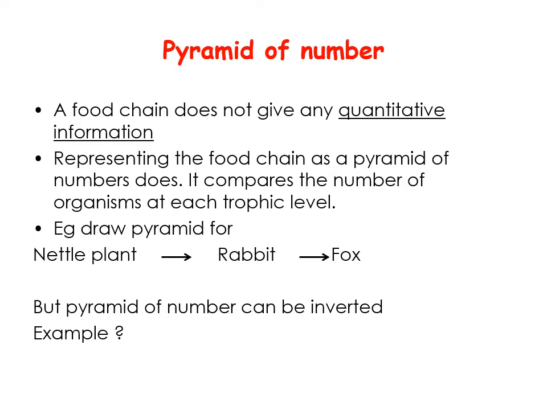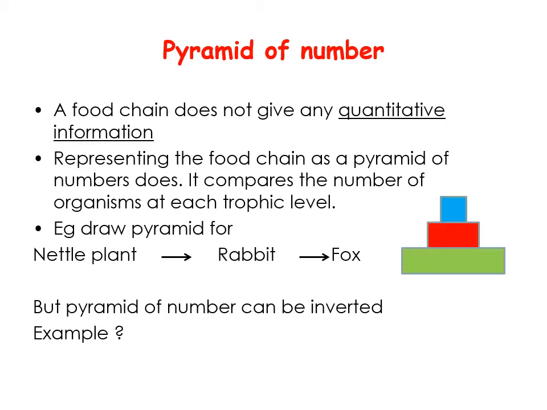Okay, so a food chain doesn't give you quantitative information, but if you represent it as a pyramid of number, it starts to give us some idea of the energy transfer through that food chain. So we could draw a pyramid for our nettle, rabbit and fox food chain, and it'd look something like that.